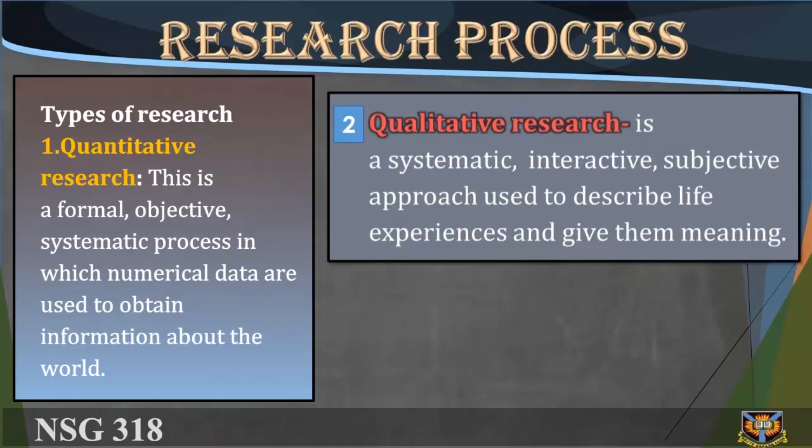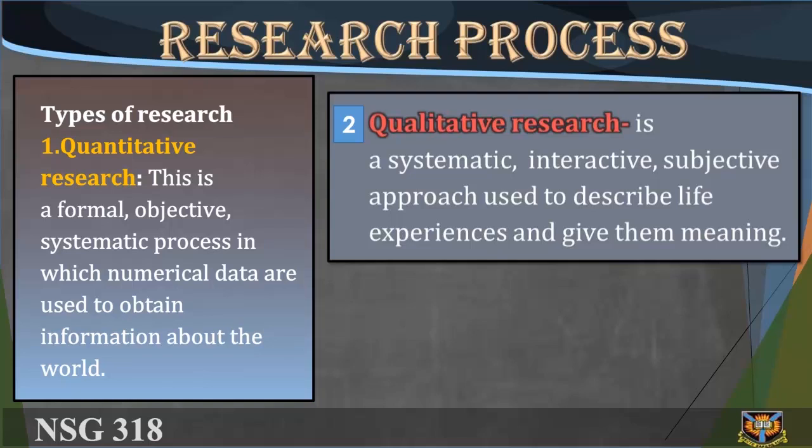Types of research. 1. Quantitative research. This is a formal, objective, systematic process in which numerical data are used to obtain information about the world. It seeks to quantify or reflect with numbers observations about human behavior.